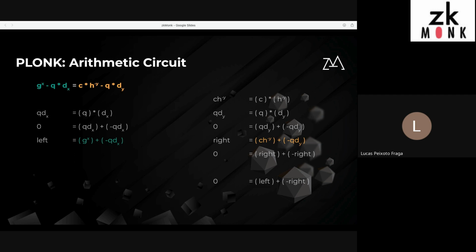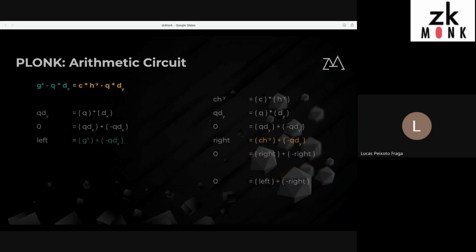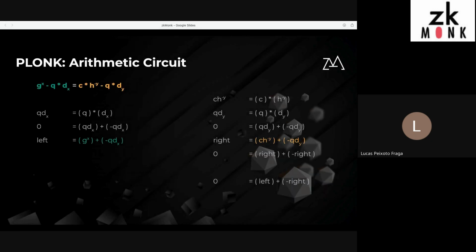That's arithmetic circuits. And now how we synthesize this language to something that can be verified. We are not talking about linear combinations anymore, so we don't use matrices. We use variables, right? And here comes the abstraction of a circuit. For each equation from before, we have two inputs and we have one output, which resembles a gate, okay?